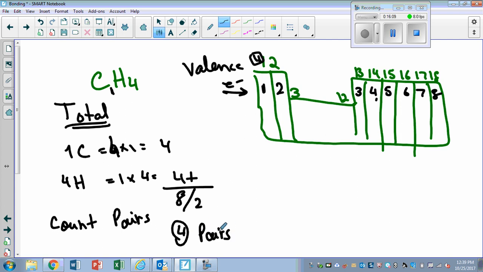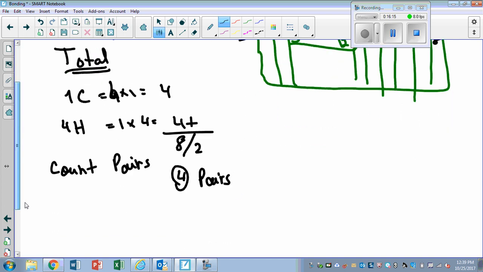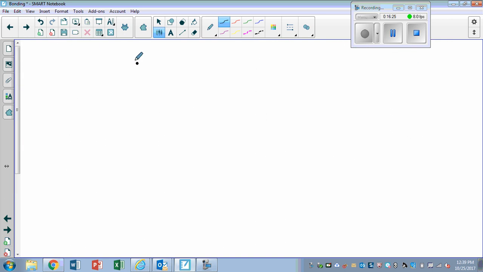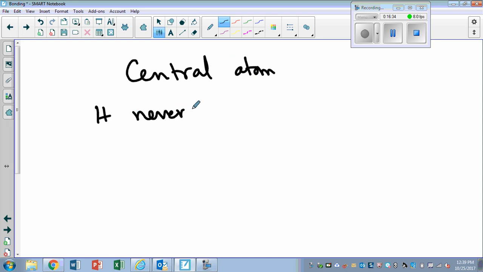Once I have done the math of how many pairs I have, to do the dot diagram, the next step is to choose a central atom. The guidelines to choose the central atom are that you need somebody who can play in all corners. Hydrogen will never be the central atom, because hydrogen has only one electron and it can only play on one side and then it's done.